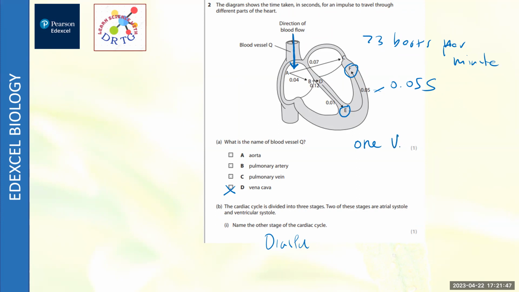So one ventricular systole time taken is 0.05 second. Then how many for 73 ventricular systoles? Because 73 heartbeats means 73 ventricular systoles.